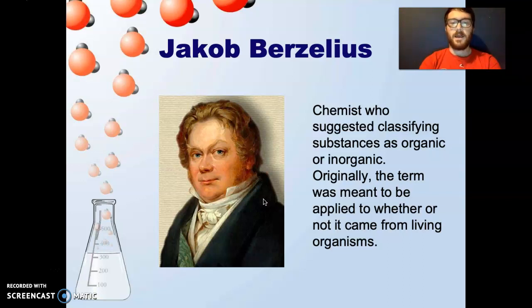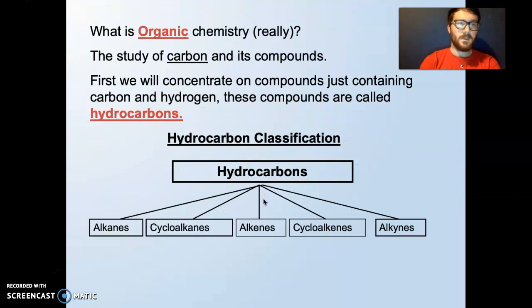Things that are living, he said, contain organic material, and he wasn't wrong. Life is made of carbon, and now organic chemistry is based on the element carbon. That's why we call it the study of carbon and the compounds that carbon makes.